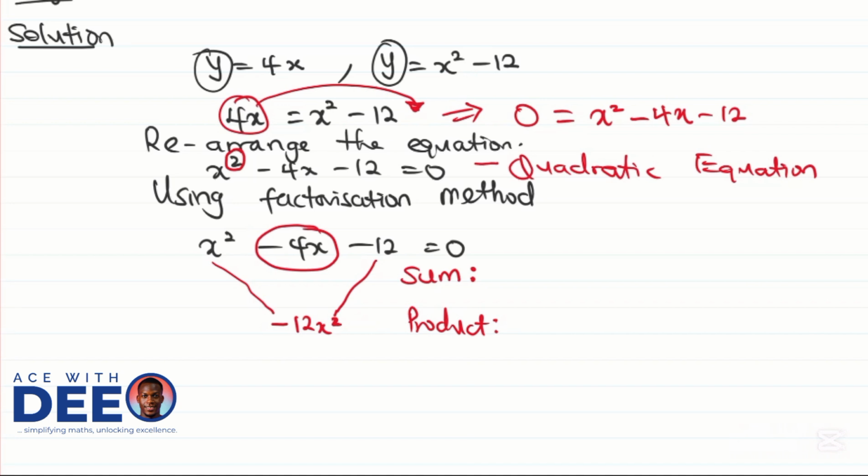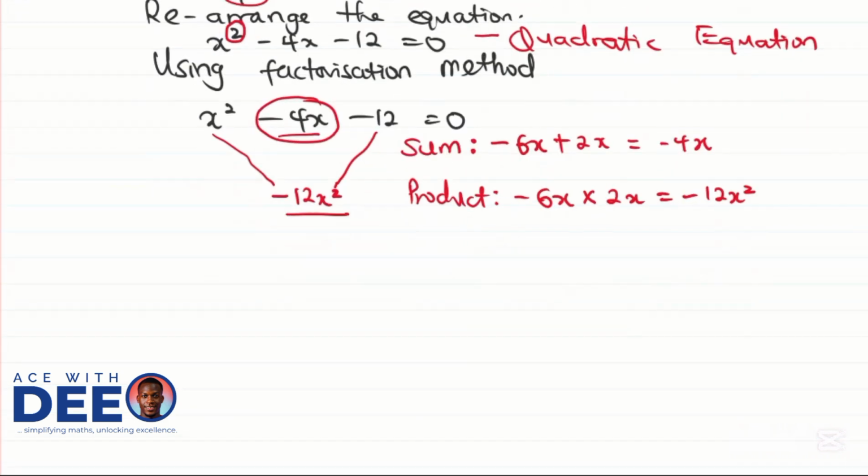In this case, it is going to be negative 6x and 2x. Multiplying them would obviously give me negative 12x squared, and negative 6x plus 2x will give me negative 4x. So I'm looking for two numbers which are factors of negative 12x squared such that their sum gives me negative 4x and their product gives me this.